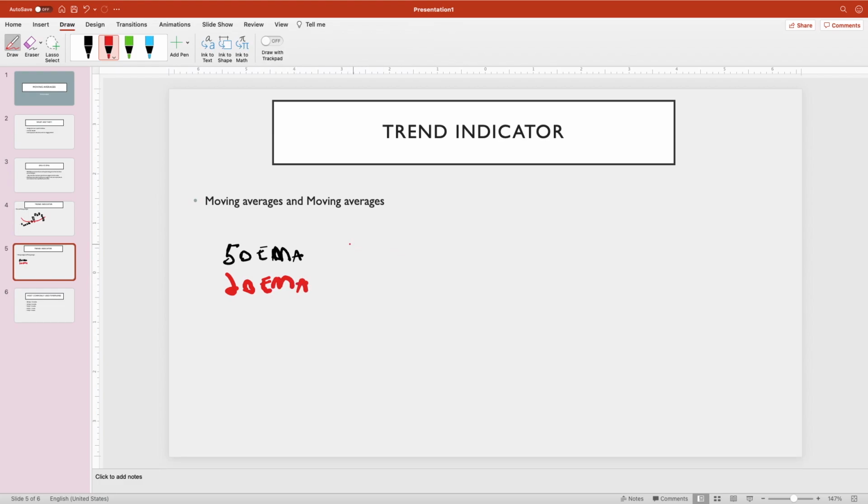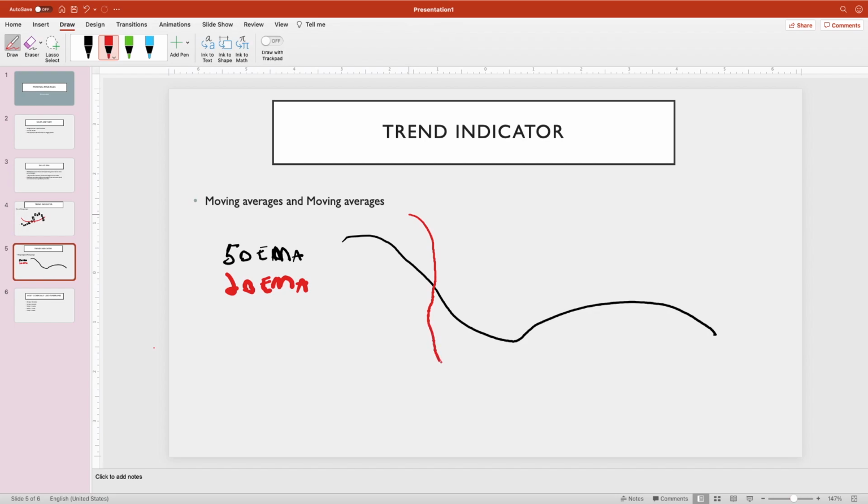So if you had the 50 EMA moving this way, the indication of a changing trend when you are looking at moving averages is how the short term moving average crosses the long term moving average. So if you have a 50 EMA moving in that fashion, you have the 20 EMA. Once the 20 EMA crosses below the 50 EMA, then you have a downtrend.